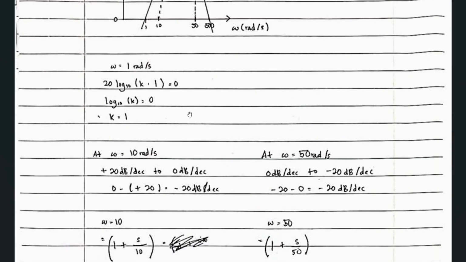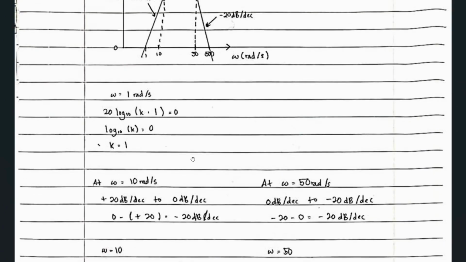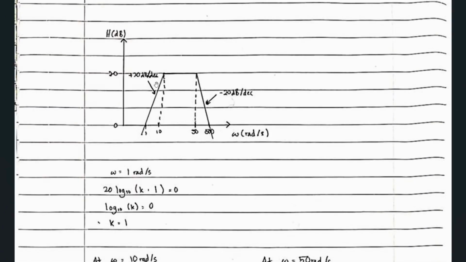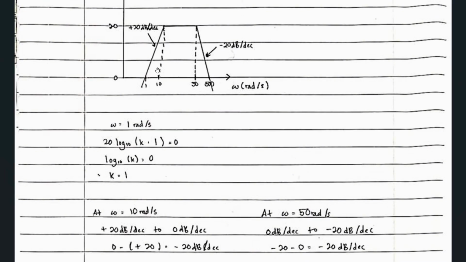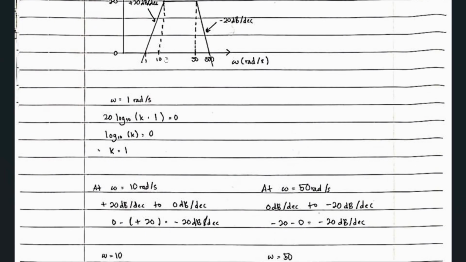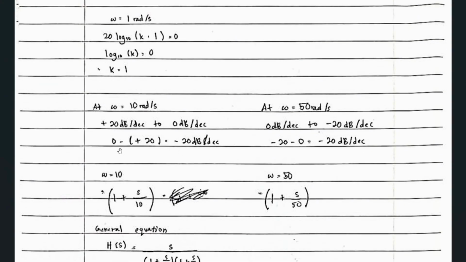We need to find the first corner frequency at omega equals 10 radian per second. The slope changes from positive 20 decibel per decade to 0 decibel per decade. The change in slope is given by this equation, so we get negative 20 decibel per decade.